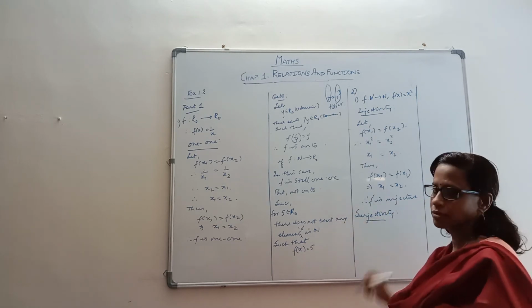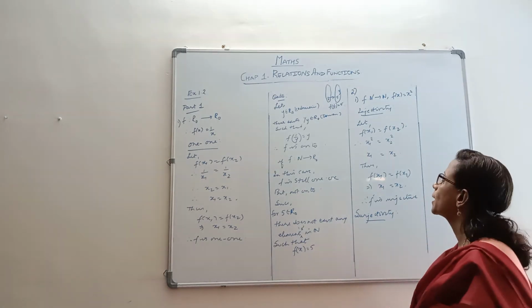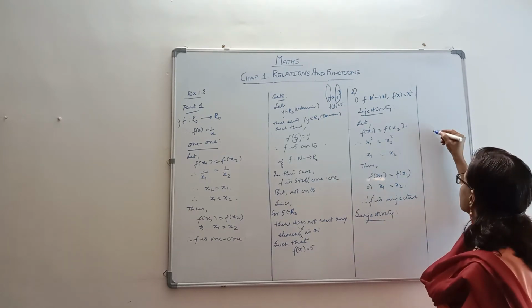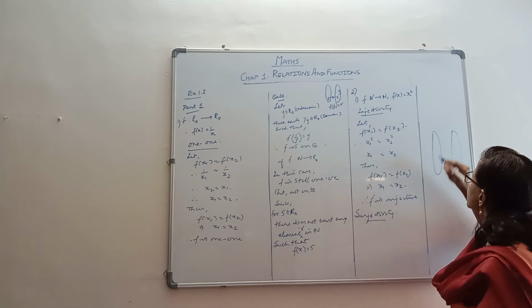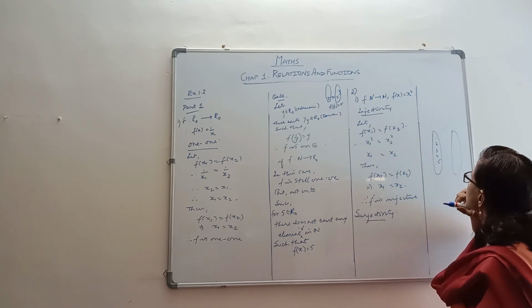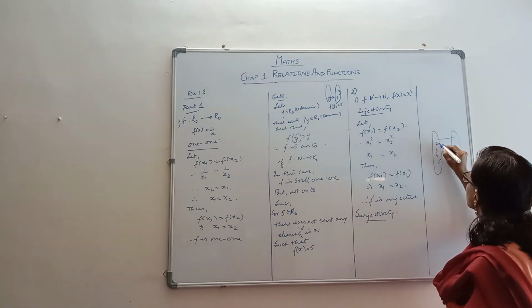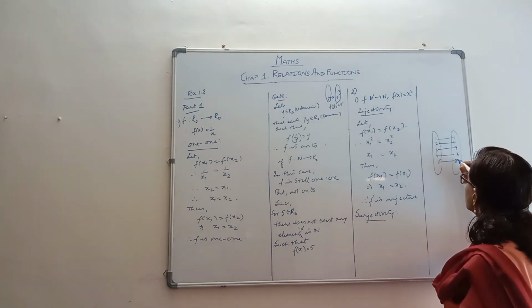It is not surjective. Why is it not surjective? We know that it's enough if we give a counterexample. You can just look at this function. 1, 2, 3, 4, 5, and so on. So you have 1 squared going to 1, 2 squared will go to 4, 3 squared will go to 9, 4 squared will go to 16, 5 squared will go to 25.